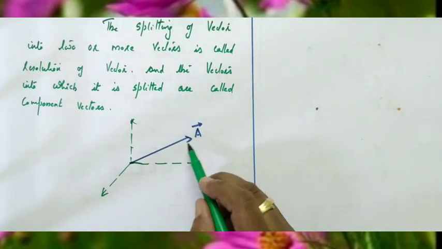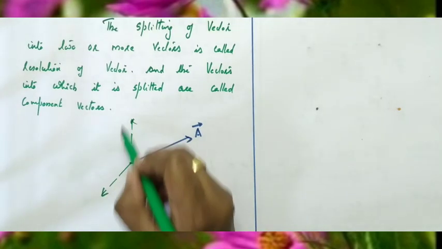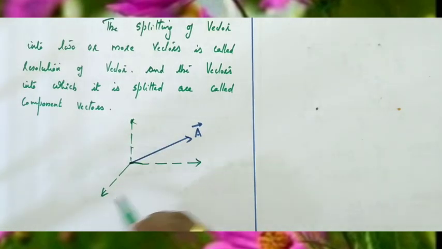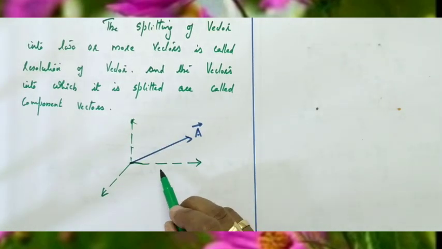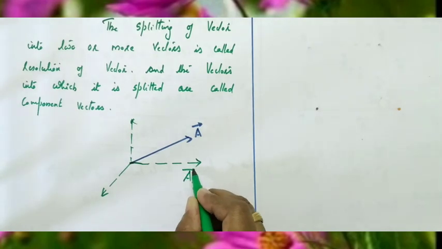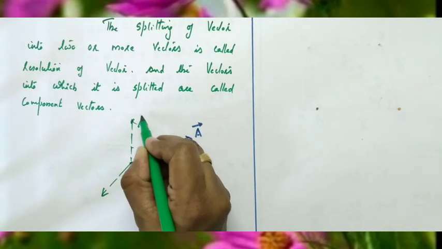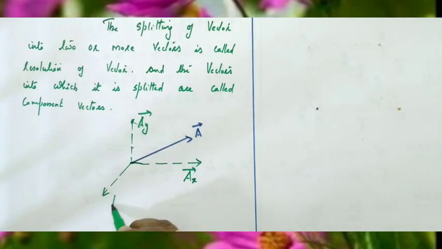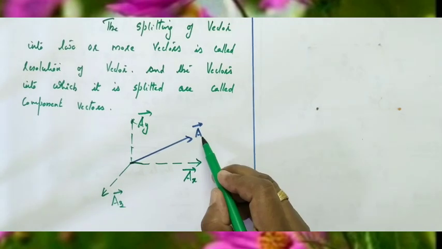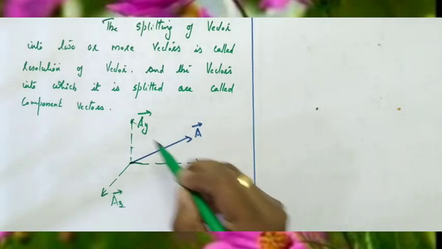So we can split a vector into three components, one along the x-axis, one along the y-axis and another along the z-axis. The vector along the x-axis can be written as vector Ax, the one along the y-axis is vector Ay, and the one along the z-axis is vector Az. So vector A can be split into three components.